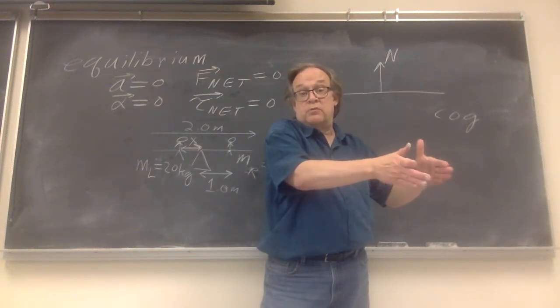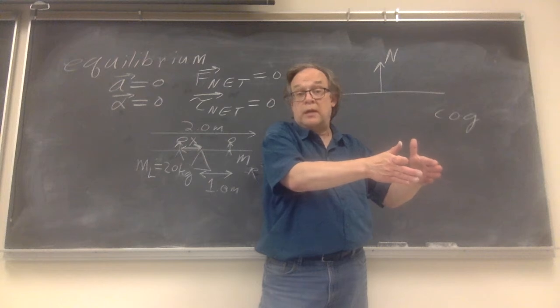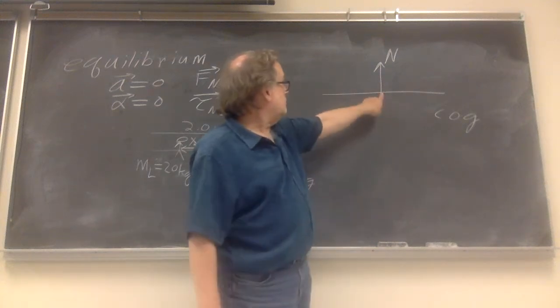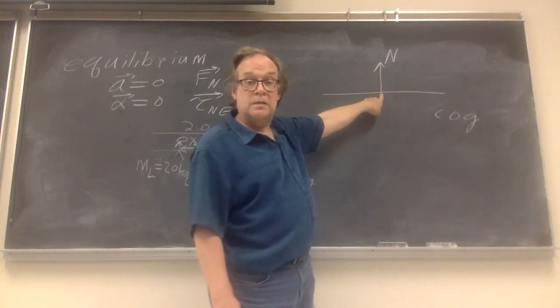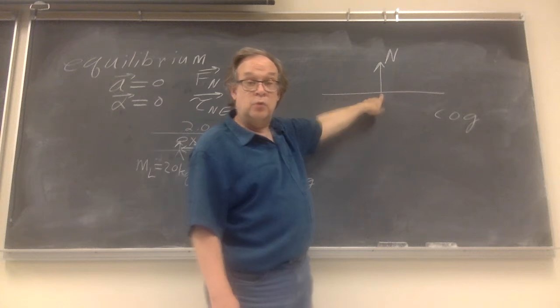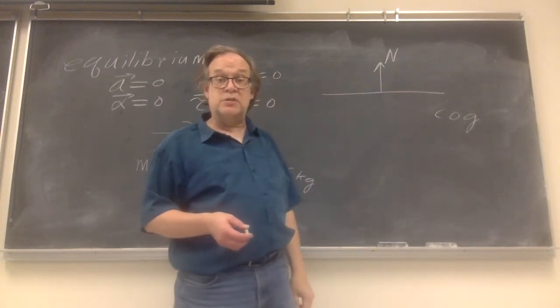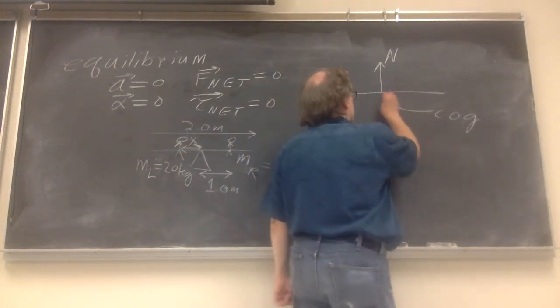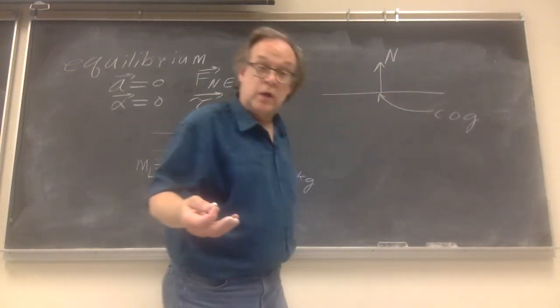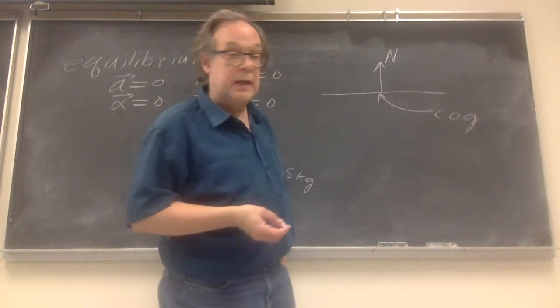In other words, the center of gravity would be somewhere on the right half. But let's say this is a normal seesaw, so the mass is distributed evenly throughout the whole thing. That means the average location of mass is right in the middle. So the center of gravity is right in the middle.